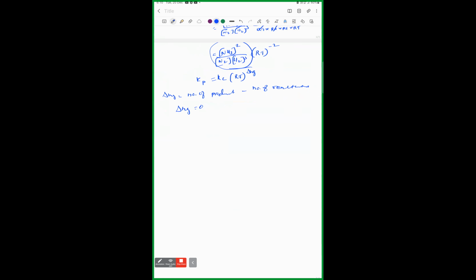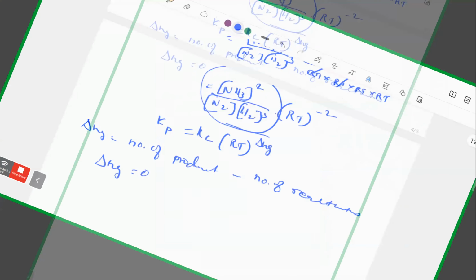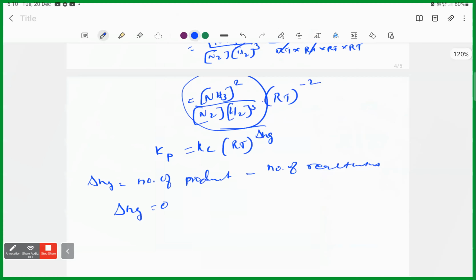You are substituting delta ng equal to 0. Then what happens to this equation? This is the relationship between Kp and Kc: Kp is equal to Kc into RT power delta ng.